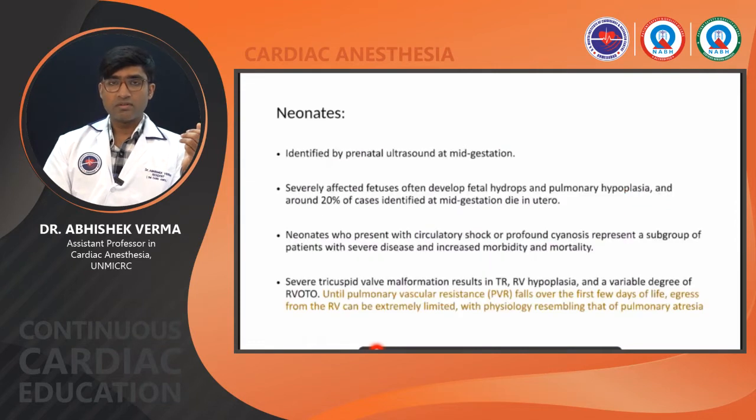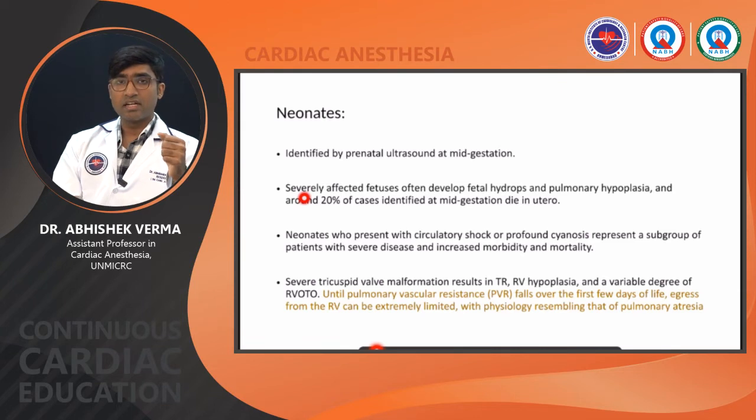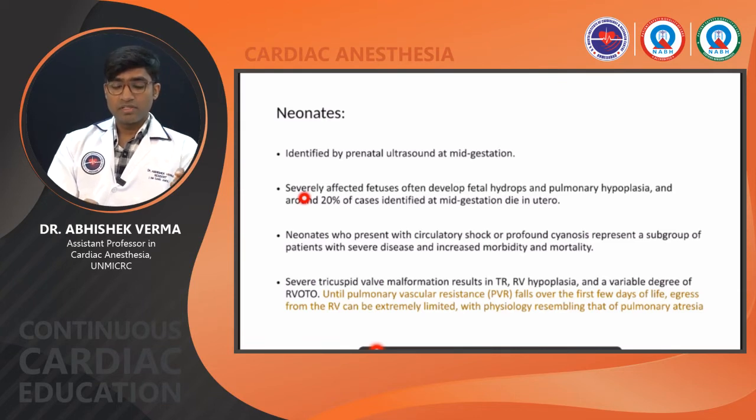So first we will discuss the neonates. In neonates, we can diagnose Ebstein anomaly via ultrasound in mid gestation, even before the child is born. Severely affected fetuses often develop hydrops fetalis and pulmonary hypoplasia, and 20% of cases die in utero.